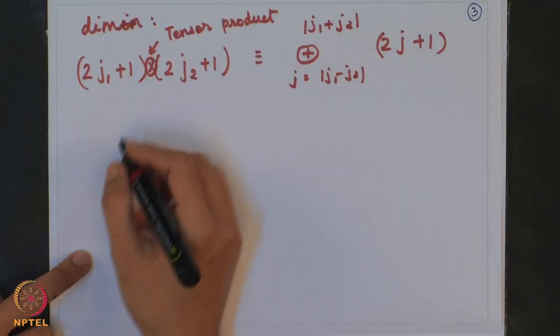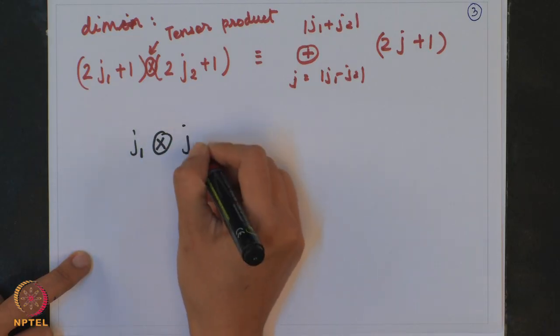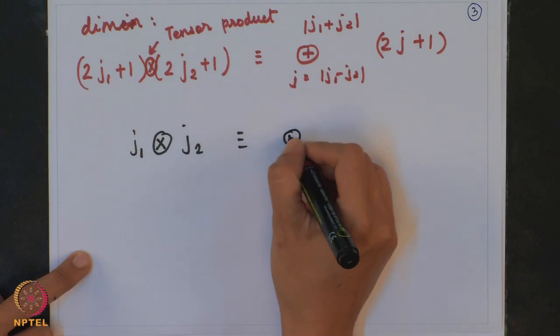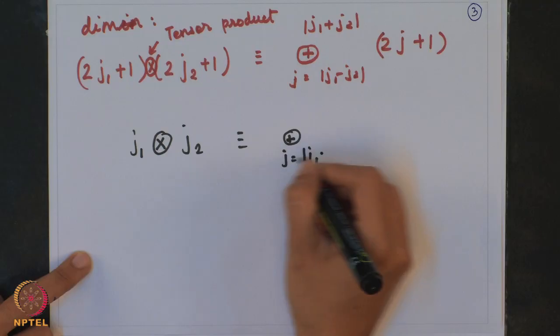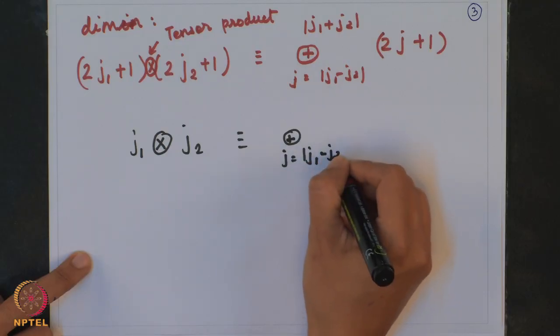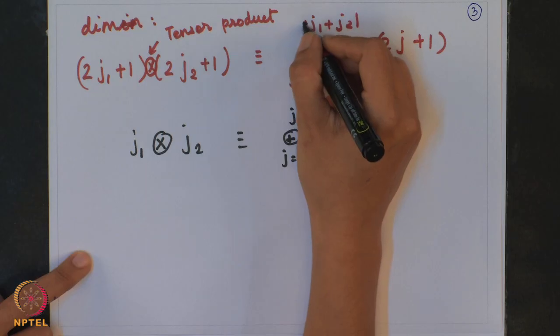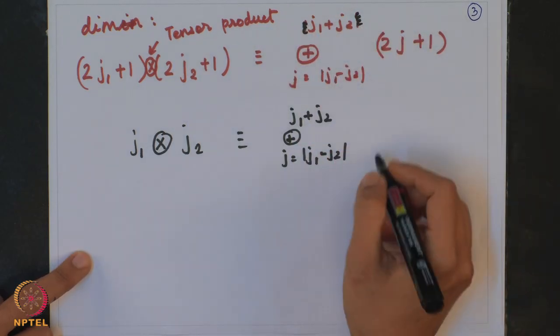So, I can rewrite this in the form: J1 tensor J2 is equivalent to the direct sum of J going from the modulus of J1 minus J2 to J1 plus J2. Sorry, the mod will not be there for the sum, only for the difference.